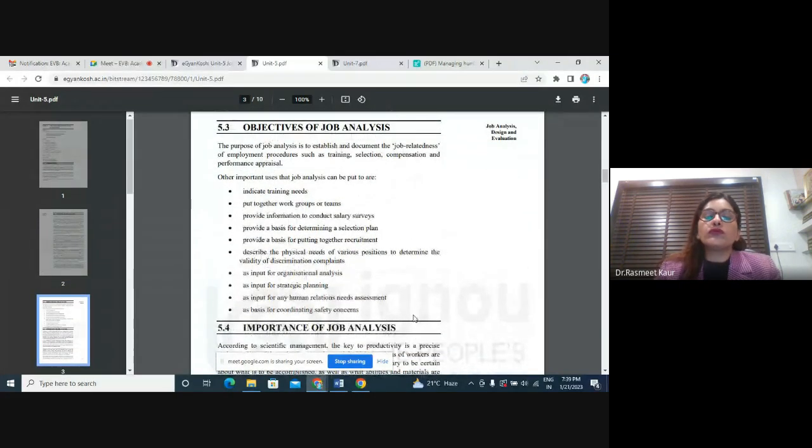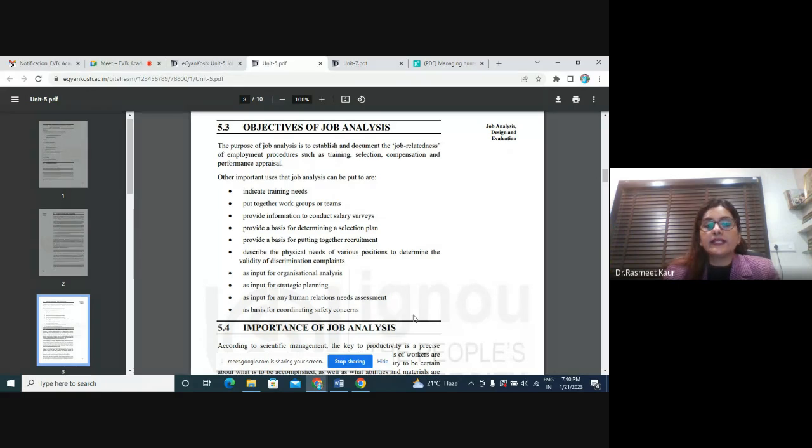Before we move to description and specification, I'll read out a few objectives of job analysis so that it becomes more clear to you. As I just said, the major purpose of doing job analysis is to establish a document which will help you know, if you want to hire people, what are those things you are looking for in that particular job.